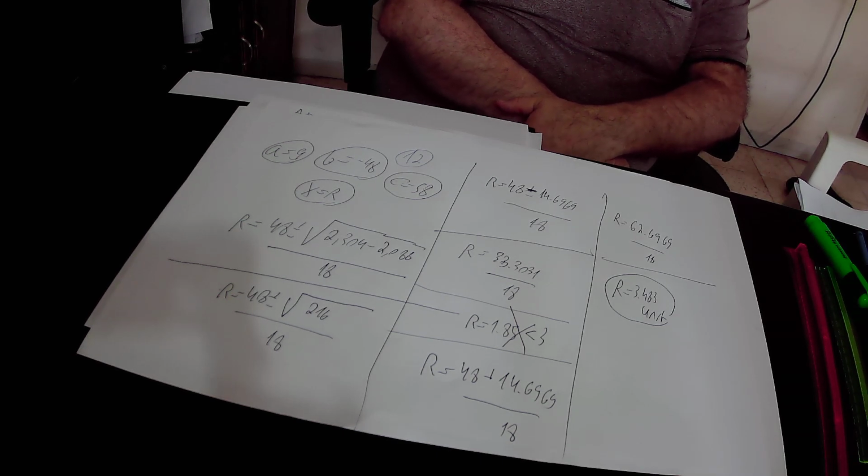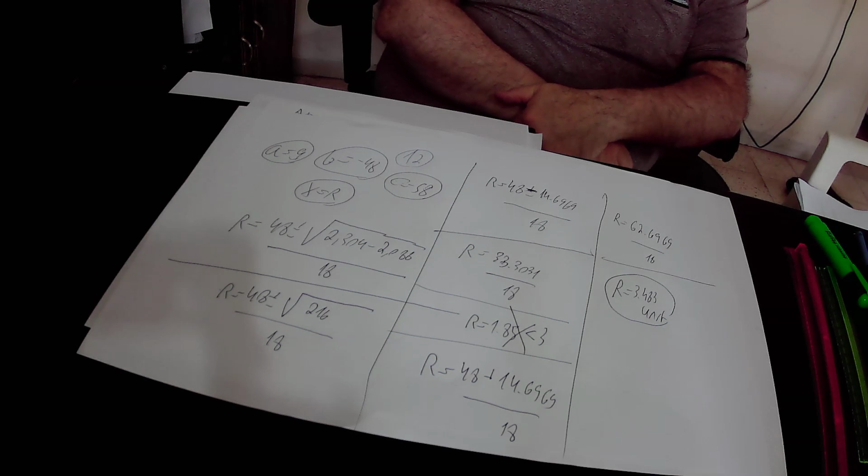But because we have already found that R cannot be less than 3 units, and 1.85 is less than 3 units, we cancel this solution and are left only with the second solution for R.